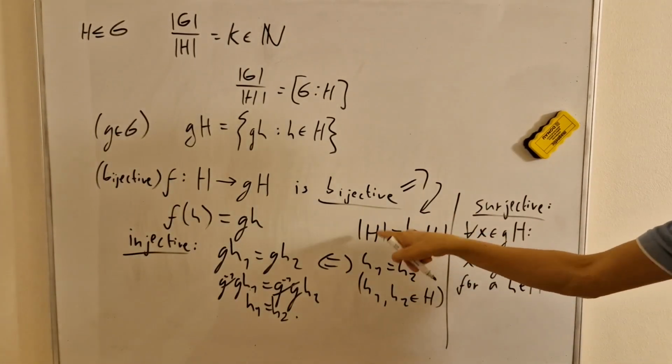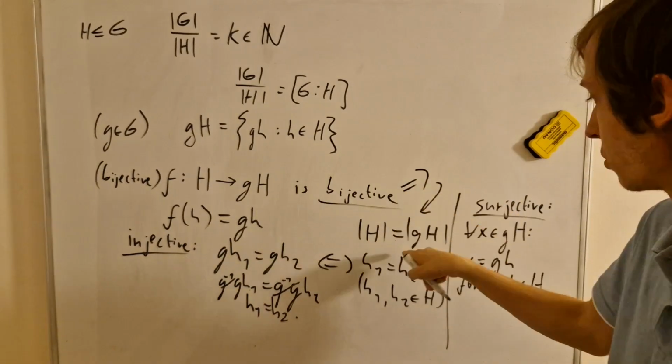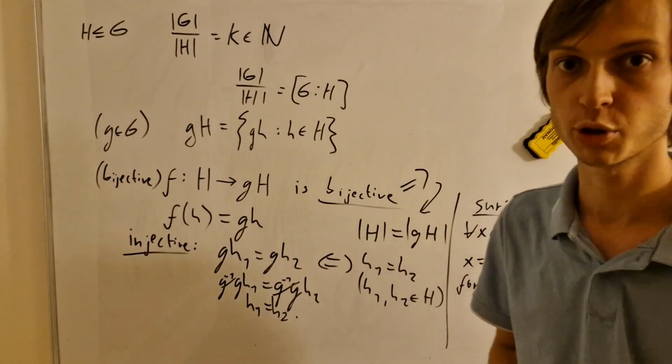Therefore, the order of the subgroup H is equal to the order of its arbitrary coset.